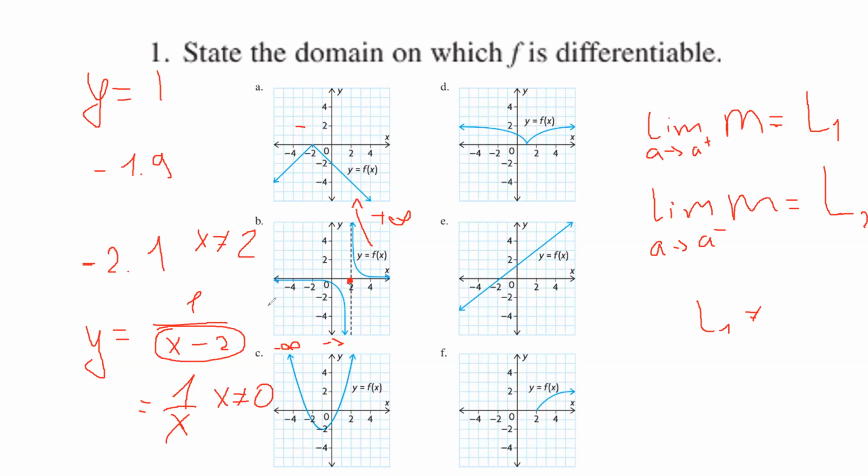And it's pretty much the same for the derivative. The derivative won't exist at 2, right? And here the derivative won't exist at 0. So you can look at the numbers in your copybook and say right away, without looking at the graph, if you see 0 in the denominator, there's no derivative at the point, but the derivative exists to the left and to the right of this point.